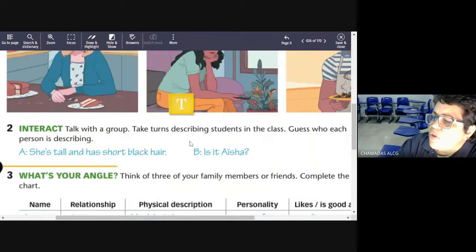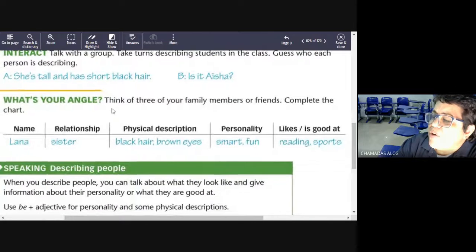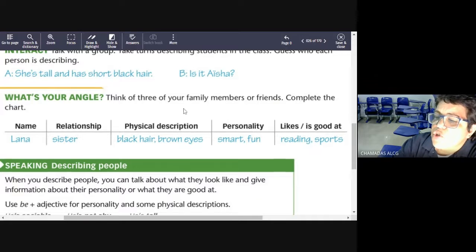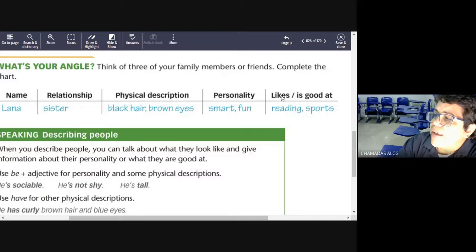Okie dokie. So here we have the next one. Think of 3 of your family members or friends and complete the chart. So here we have an example. Lana, relationship, sister, physical description, black hair, brown eyes, personality, smart, fun. What she likes or what she's good at. So she likes reading and she is good at sports.